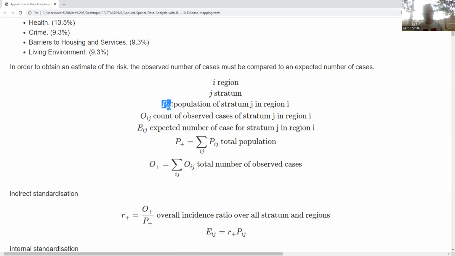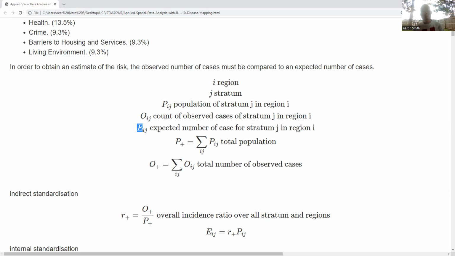P_ij is the population of the stratum, so the particular demographic of interest in region i. O_ij is the count of cases. So O is the observed cases of the disease, and the ij indicates region and stratum.